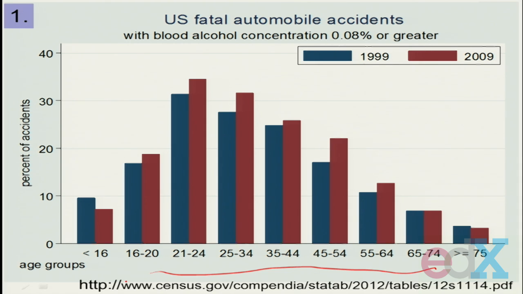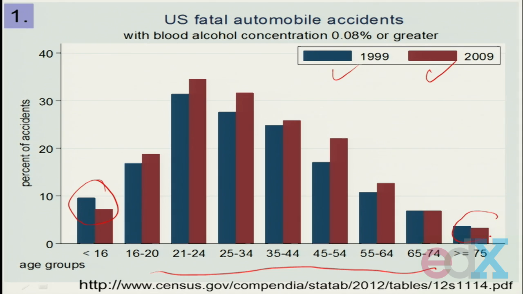So we look at this, and first of all, the blue is 1999, and the red is 2009. So in those 10 years, what have we seen? Unfortunately, this is nice: we've seen a decrease in the under 16s. Most of those don't have their driver's license, so that's problematic.